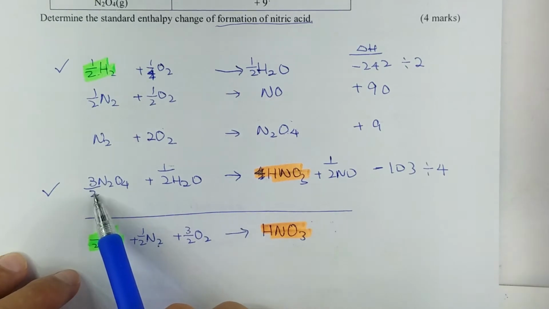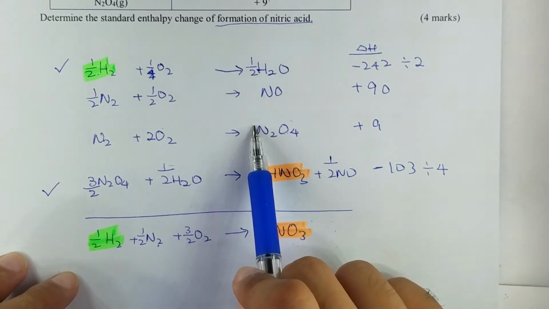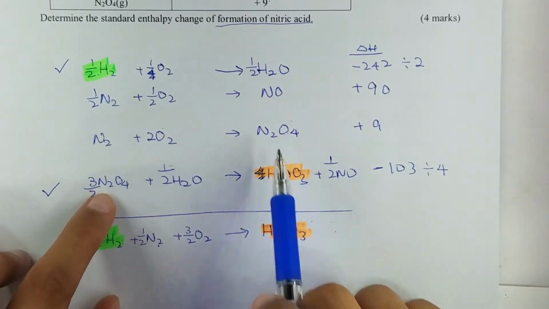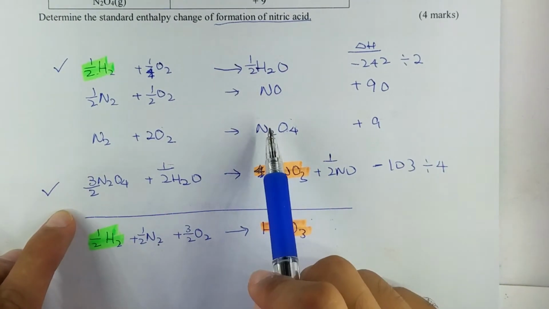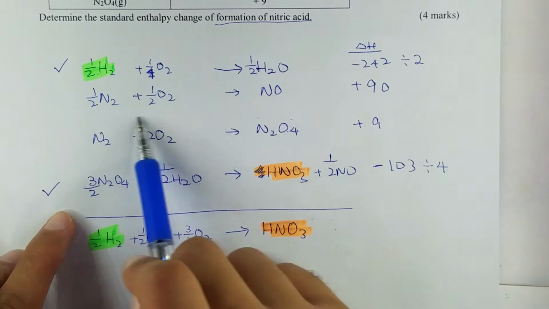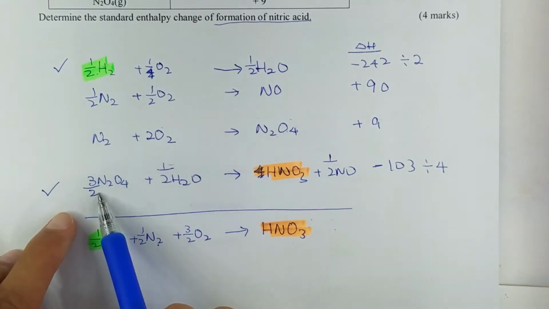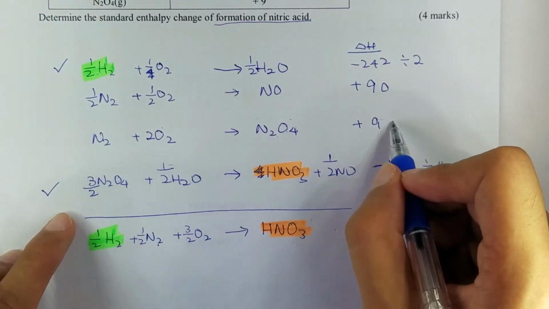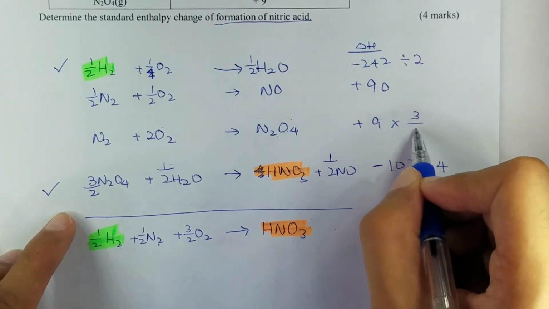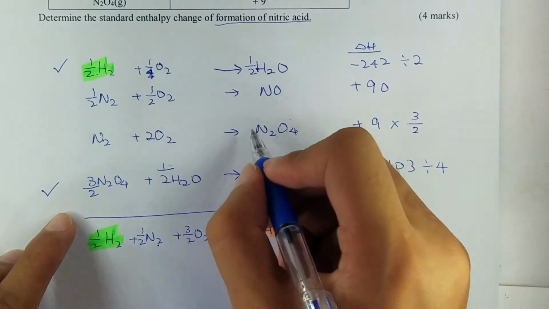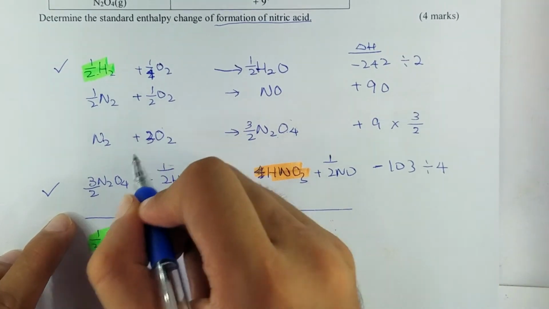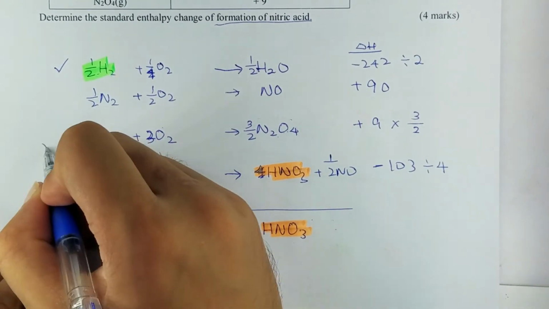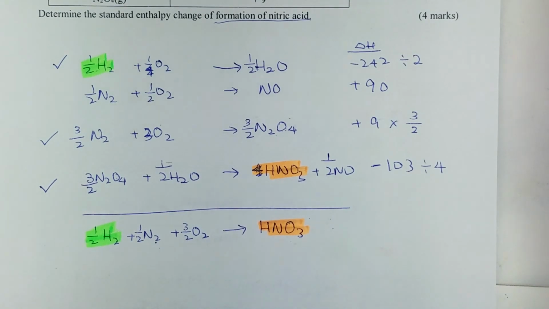I got 3/2 over here, but I have 1 mole over here. Since this equation is fixed and this isn't, I will be changing this. I have to make these 2 equal, so I'll multiply with 3/2. So 3/2 becomes 3 over here, and then 3/2. And this is fixed.